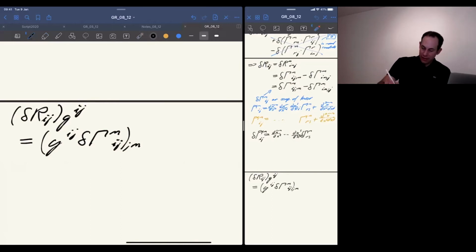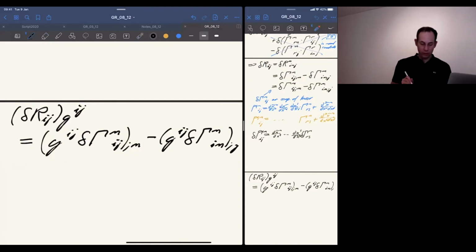Okay, we have this, and then we have the second expression, which looks almost the same, g^ij times delta gamma^n_im, and the whole thing, again the same trick, I take the derivative with respect to j. This is a bit unfortunate because I would like to take one big covariant derivative, so I need to relabel things a bit.